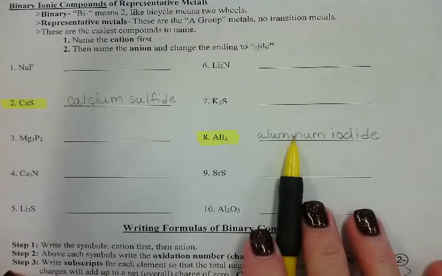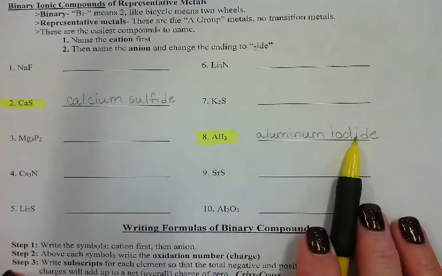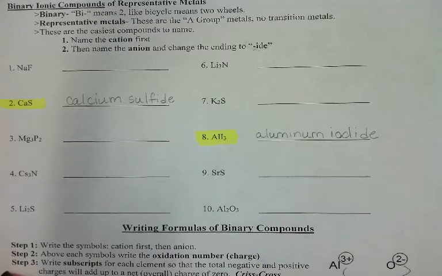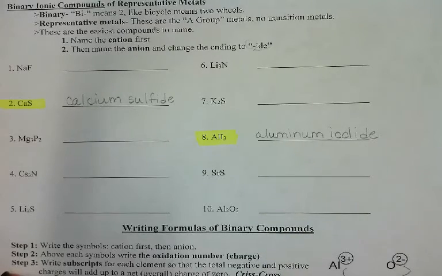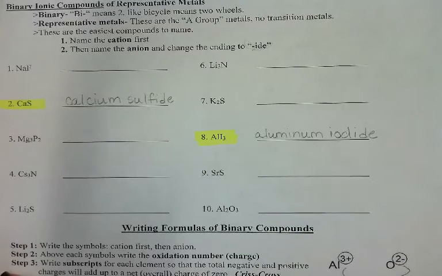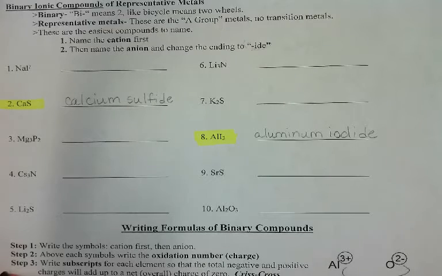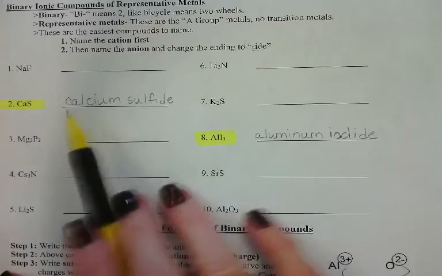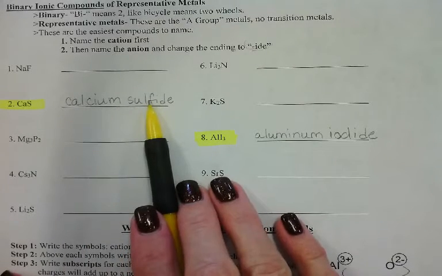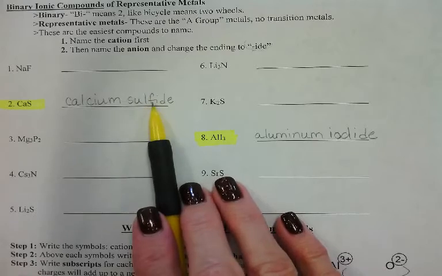Name the positive ion first. Write the name of the negative ion, but change the ending to IDE. We'll definitely cut you some breaks until you get used to how much to take off and add the IDE. Just do your best. Some of them are easier than others. Sulfur is hard. You would think it's sulfuride, but it's not. It's just sulfide. You'll get used to it.